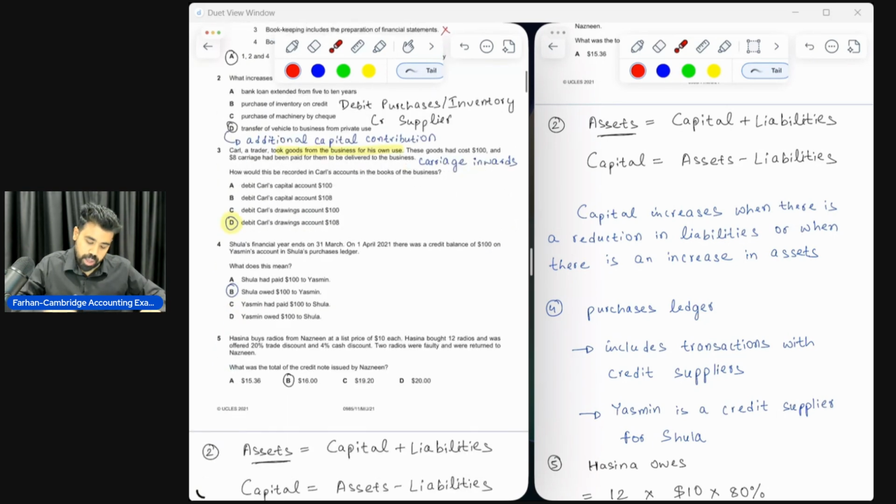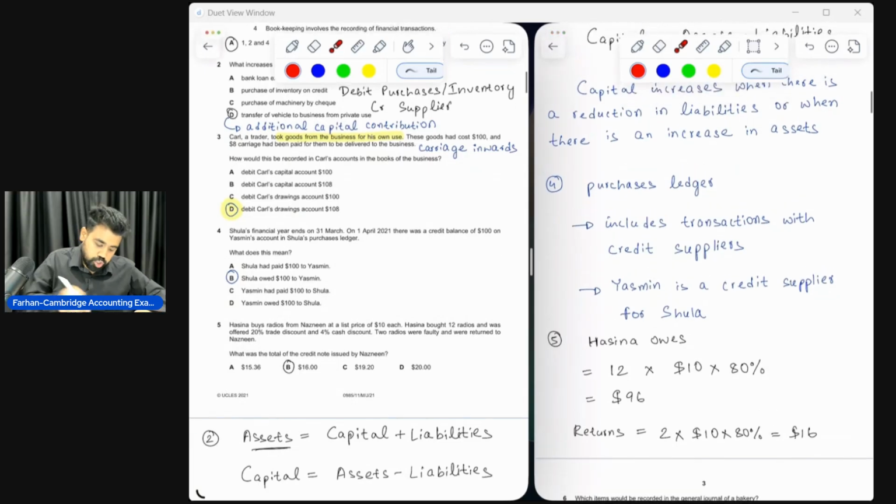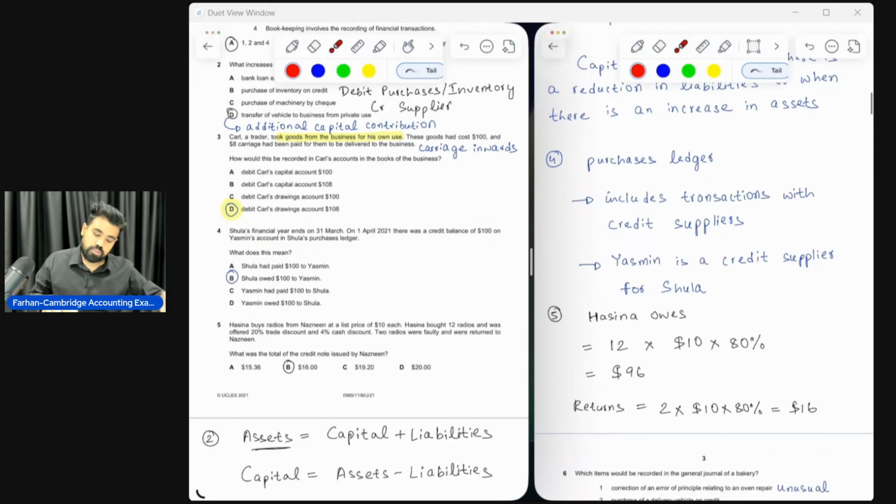Now, what about number 4? Shula's financial year ends on 31 March. On 1 April 2021, there was a credit balance of $100 in Yasmin's account in Shula's purchases ledger. What does this mean? Now, first of all, what is the purpose of having a purchases ledger? The purchases ledger includes transactions with credit suppliers.